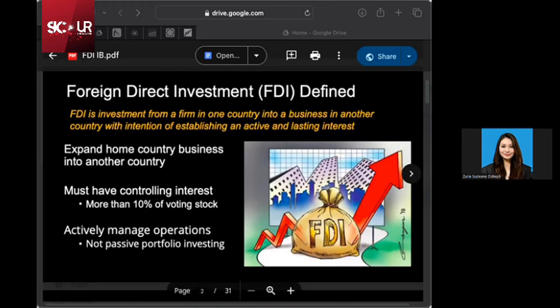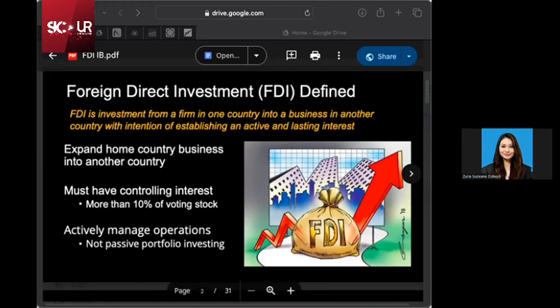The foreign firm must have a significant controlling interest in the investment, which usually means at least 10% of voting stock in the target company, or the equivalent decision-making power, depending on the company structure.